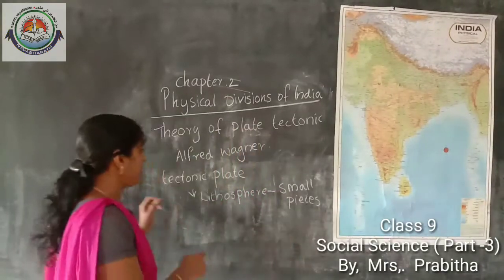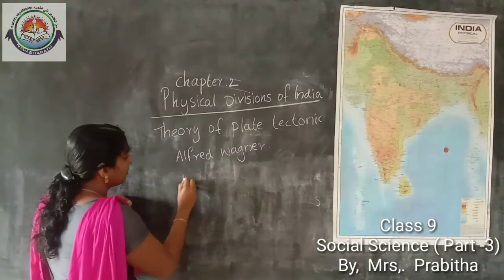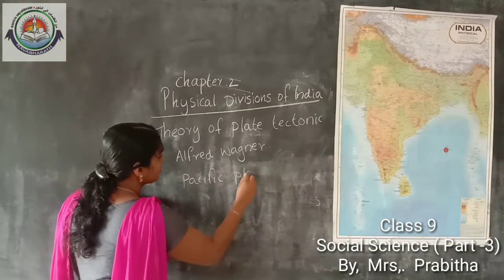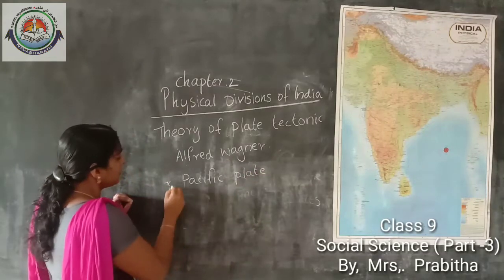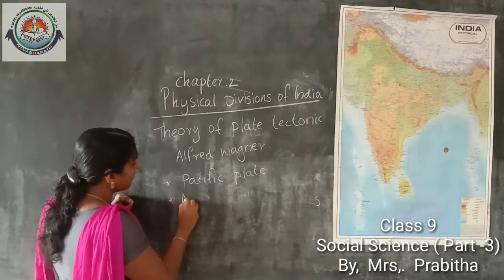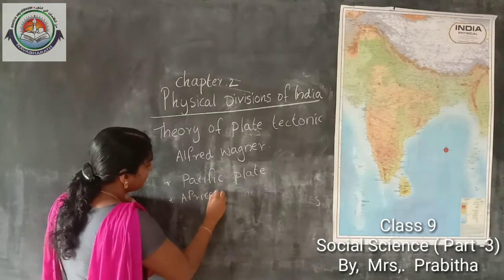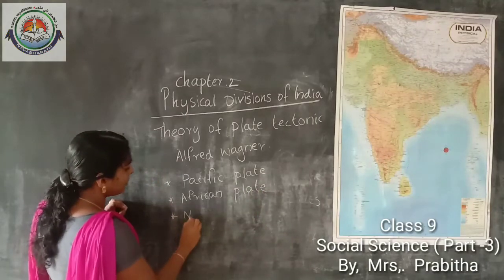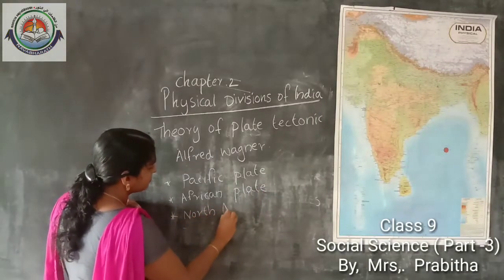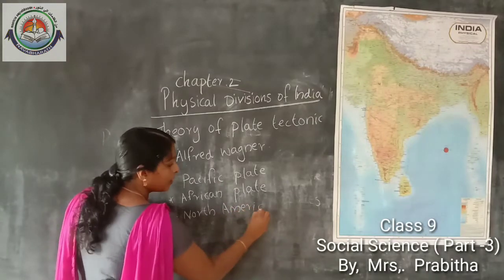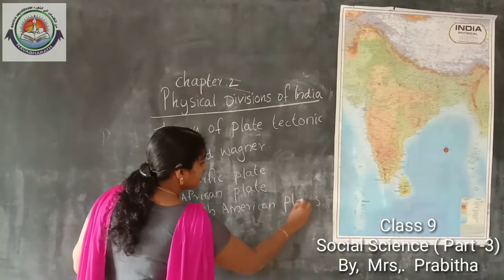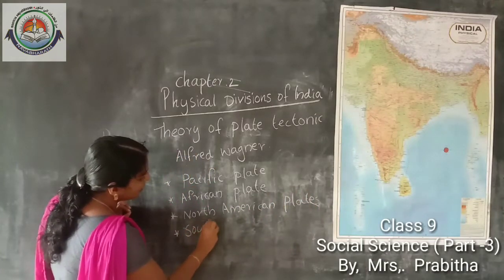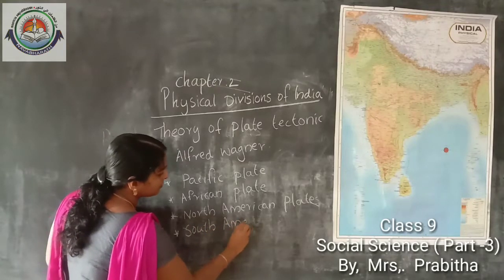These tectonic plates are, first one is the Pacific plate. Second one is the African plate. Third one is the North American plate. Next one is the South American plate.